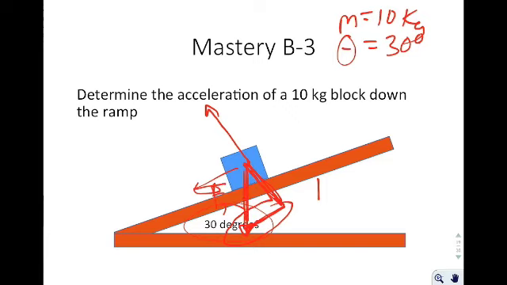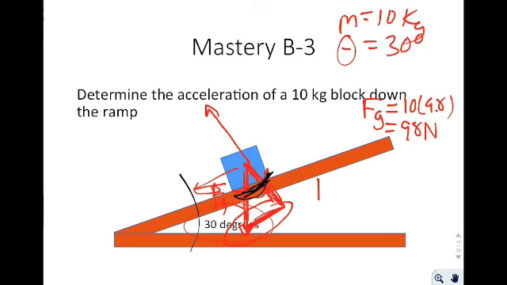So I can say that the weight of this particular block is 10 times 9.8, or 98 newtons. Now, if I were to look at this side of the triangle, this is opposite this angle. Okay, this angle is the same as this angle because of alternate interior angles from geometry. So the angle of this particular triangle is 30 degrees.